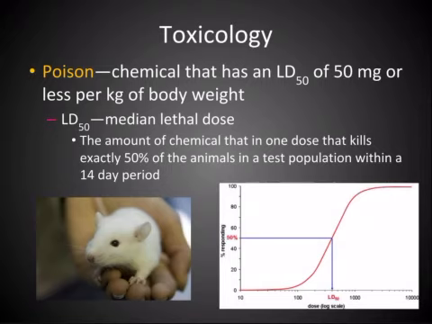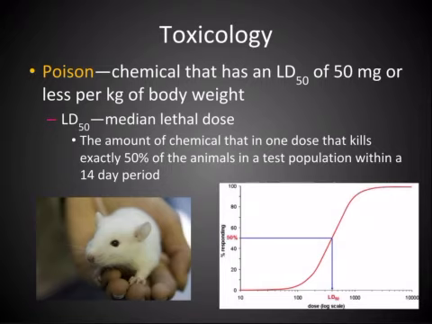So the graph that you see here is called a dose response curve. And you can see, we can determine what that dosage is at where 50% of our test animals do not survive. Now, what that means, that lethal dose, it doesn't mean that if you consume that amount, you're going to die.